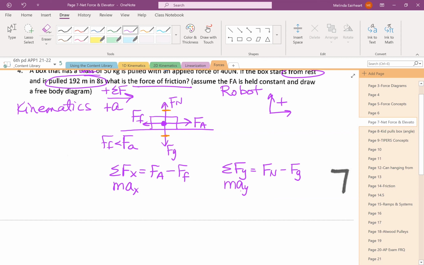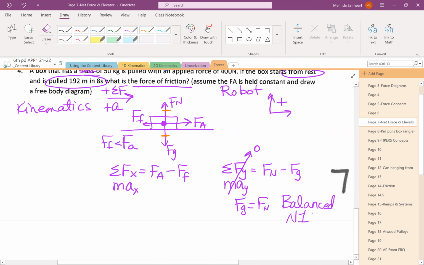It's going to accelerate in the horizontal. What's your acceleration in the vertical? 0. This is going to zero out, which means Fg and Fn are equal and opposite. So we've got Newton's first law in the vertical, but not so much in the horizontal, okay?